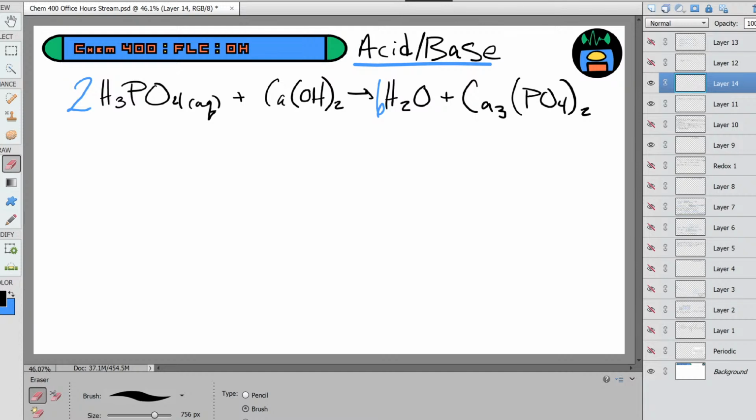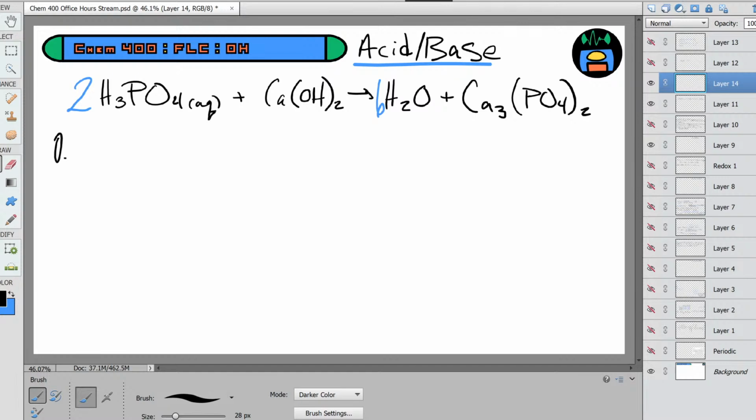Now I'm ready to do some stoichiometry. So we got to do a limiting reactant calculation, right? We've got to do this calculation twice, once with phosphoric acid, and we were given 0.405 molar, that's moles of phosphoric acid per liter. We need to multiply this by our volume.